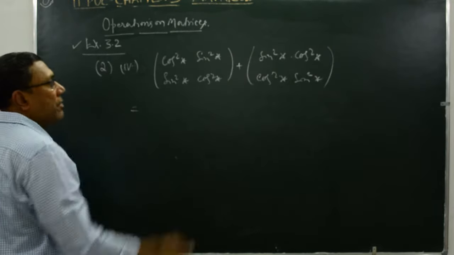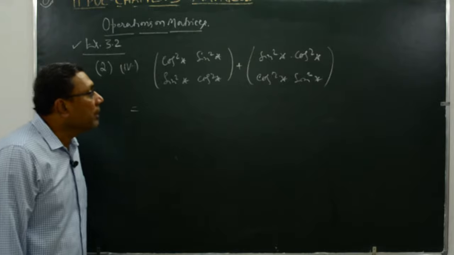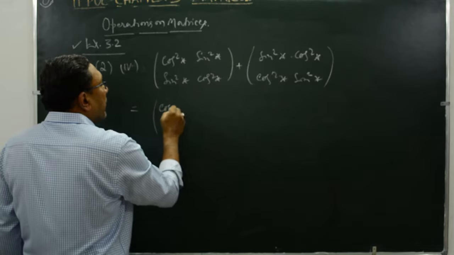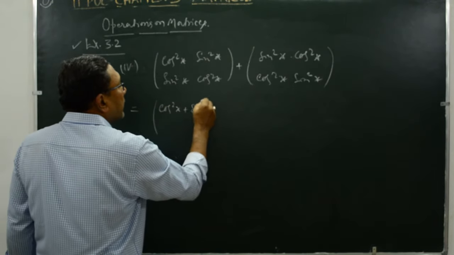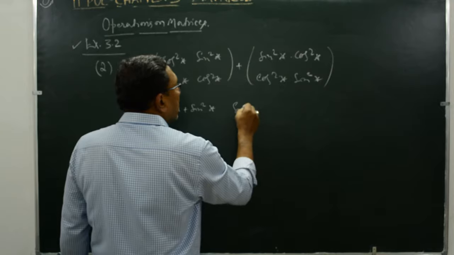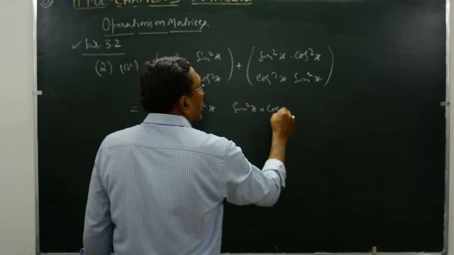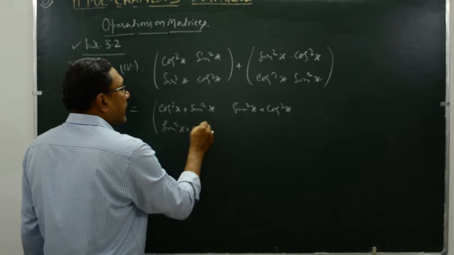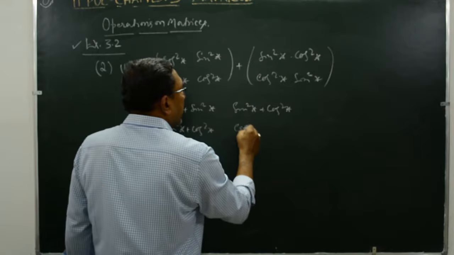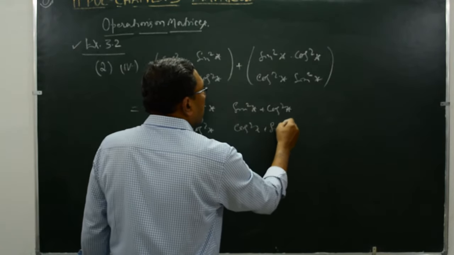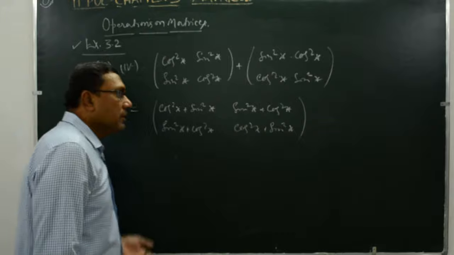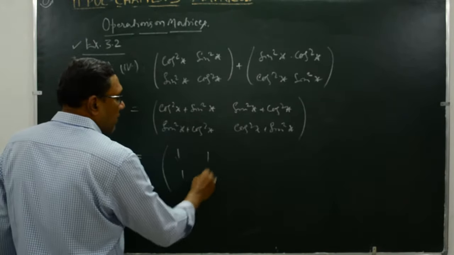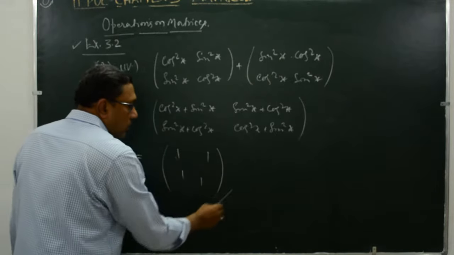When we add these two matrices, what do we get? It's very simple. Cos square x plus sin squared x. Here it is sin squared x plus cos squared x, and sin squared x plus cos squared x, and cos squared x plus sin squared x. We all know the identity is 1. So, therefore, the resultant matrix is 1, 1, 1, 1 of order 2 cross 2.